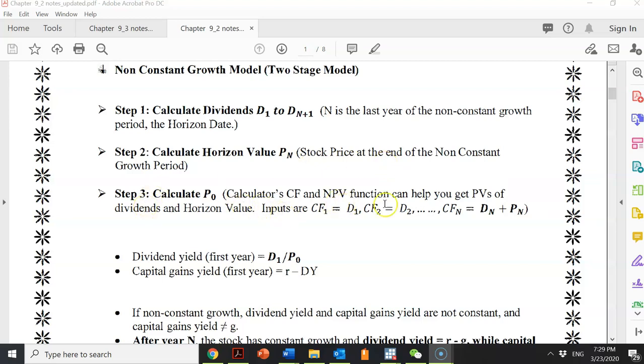The cash flow and NPV functions can help you get the present values of dividends and horizon value. Inputs are CF1 equals D1, CF2 equals D2, CFN equals Dn plus Pn. You might be a little confused about the terminology here, but we'll discuss all these new terms and new steps in detail.